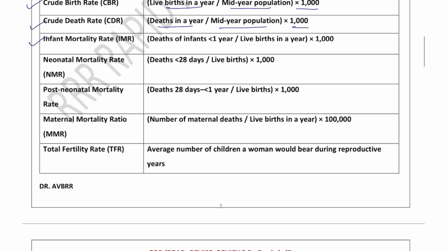Infant mortality: number of deaths in less than 1 year, 0 to 1 year, divided by live births in a year, into 1000. Neonatal mortality rate: deaths less than 28 days divided by live births, into 1000. Maternal mortality ratio: number of maternal deaths divided by live births in a year, into 1 lakh.